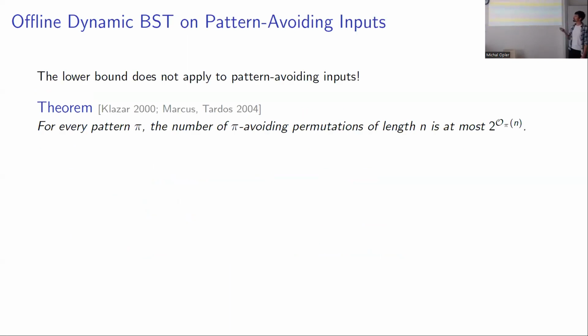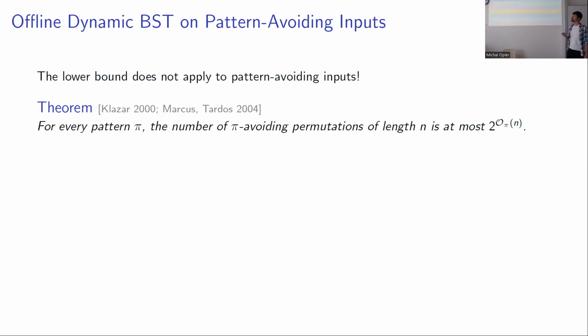But this lower bound no longer applies to pattern-avoiding inputs. The reason is that whatever pattern you choose, the number of pattern-avoiding permutations of length n is only exponential. It no longer grows super-exponentially like all permutations, but it is 2 to the O(n).